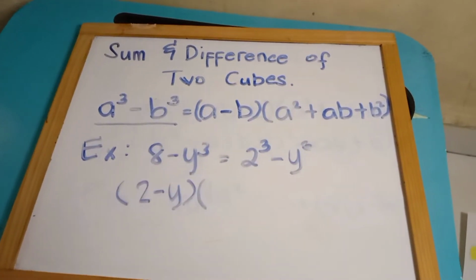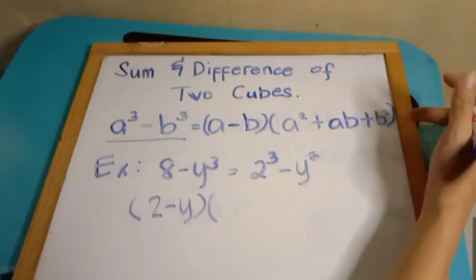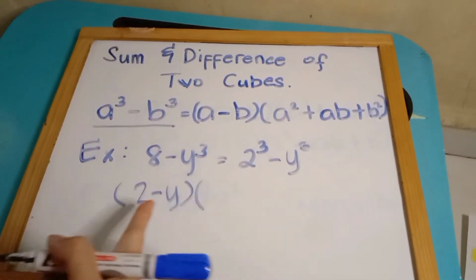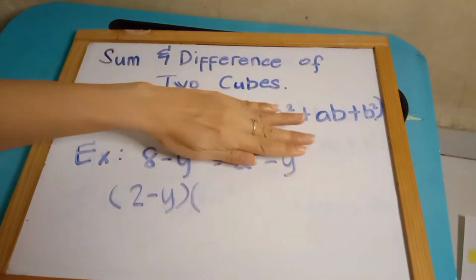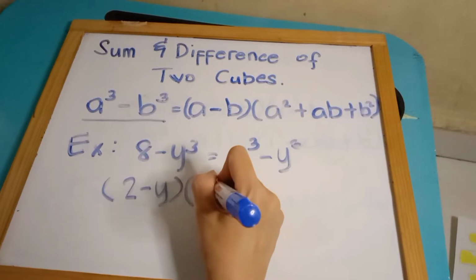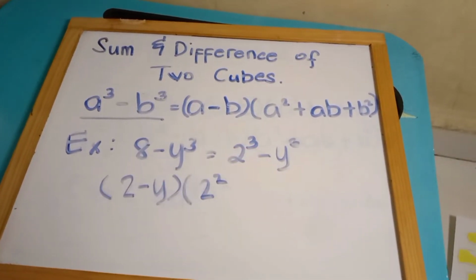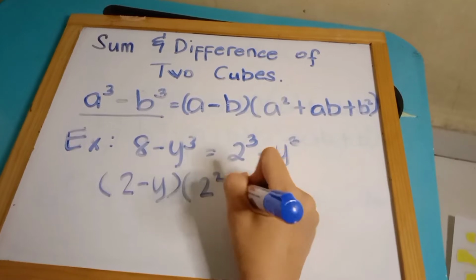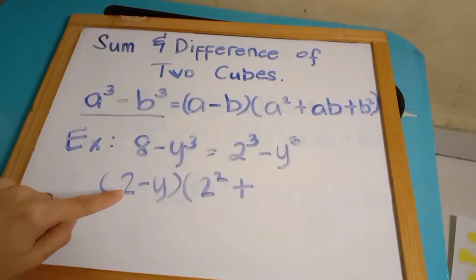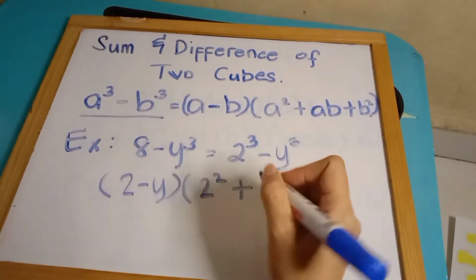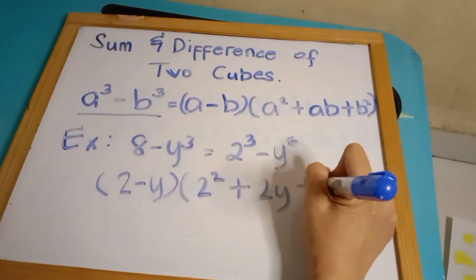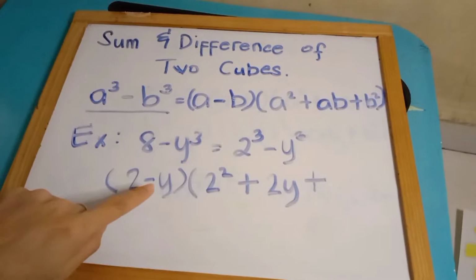Next, what is the second factor? According to the formula, the second factor starts with the square of the first term. So, the square of the first term will be 2 squared. The sign is positive. And then the product of the first and last term. So, the product is 2 times y, that will be 2y, plus the square of the last term.